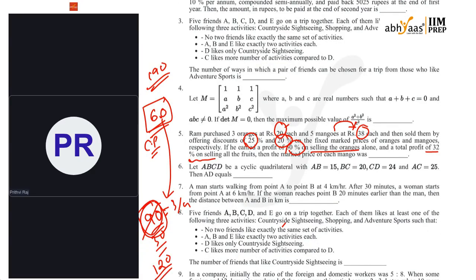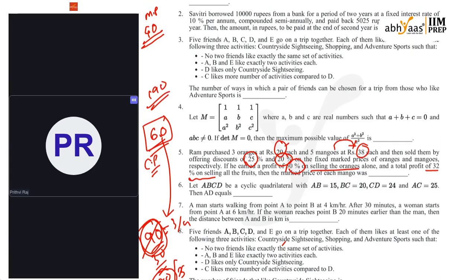So for all the oranges it is 120, so for each orange it is 40 rupees. The market price of the orange is 40 rupees, the selling price is 50% more than that, that is 30 rupees, and the cost price is 20 rupees.